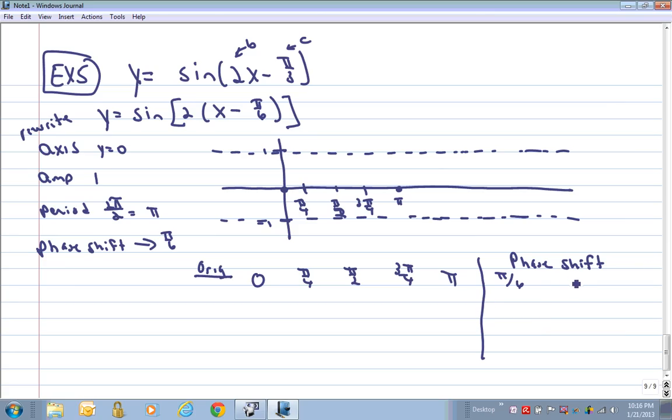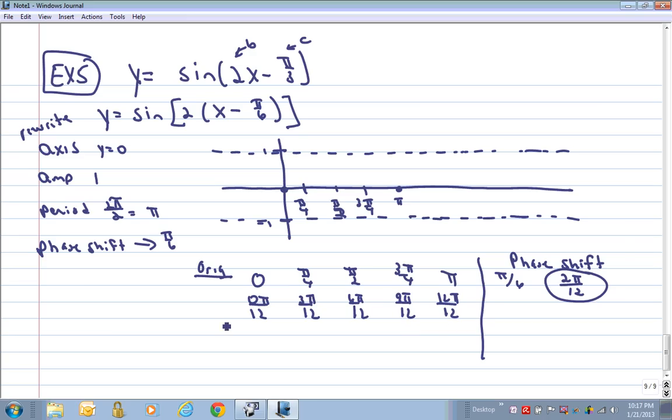So if we change this to 12, it's going to be 2 pi over 12. 0 is still just going to be 0, or you could even think of it as 0 pi over 12. For pi over 4, it's going to be 3 pi over 12. For pi over 2, it would be 6 pi over 12. For 3 pi over 4, it's going to be 9 pi over 12. And for pi, it's going to be 12 pi over 12.